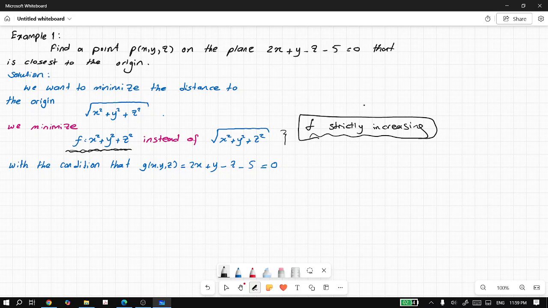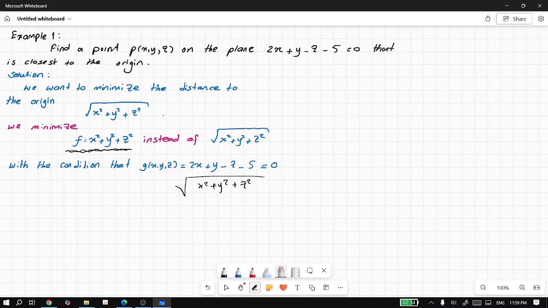If we do not have this condition, we cannot remove that square root and work on the function x squared, y squared, z squared instead. So we are removing that square root because the function is strictly increasing, or else we cannot remove it, and we have to work with the square root.